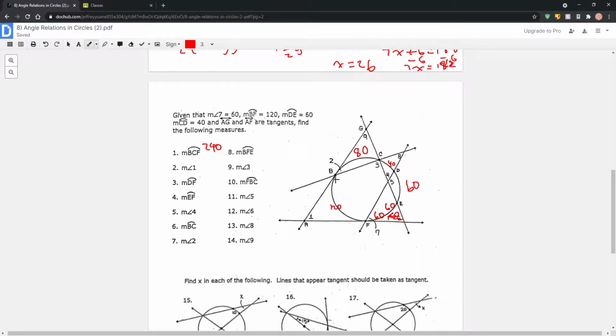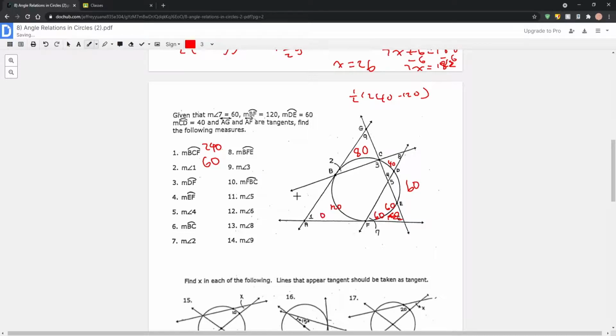Looking for 1, you use the formula 240 minus 120, half of that equals 1. So that'll be 60. There you go.